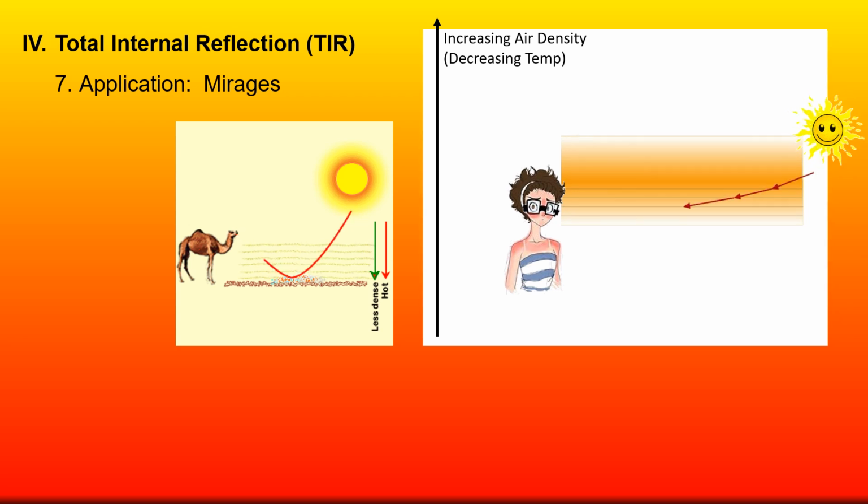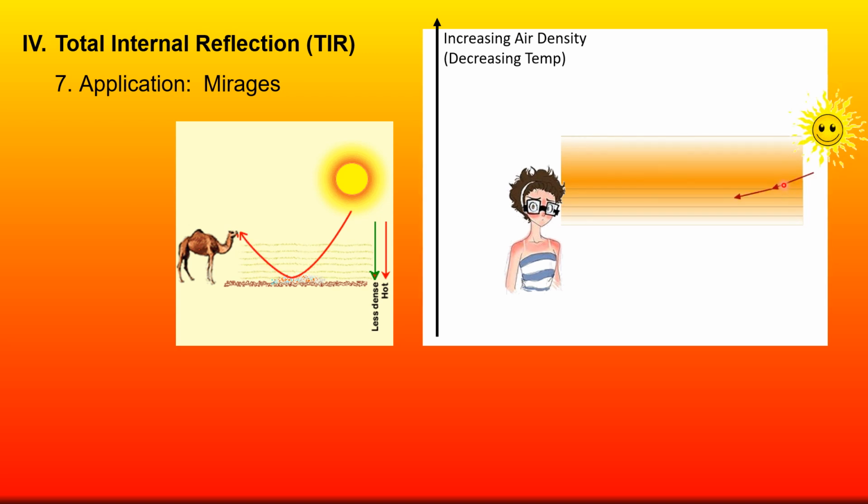Light reflected from the sky, as you can see here, gets refracted away from the normal as it travels downward towards the ground. So this illustration kind of nicely shows this. And if you take a look here, you can see these density planes, these layers of air of different densities, increasing air density as you go up.